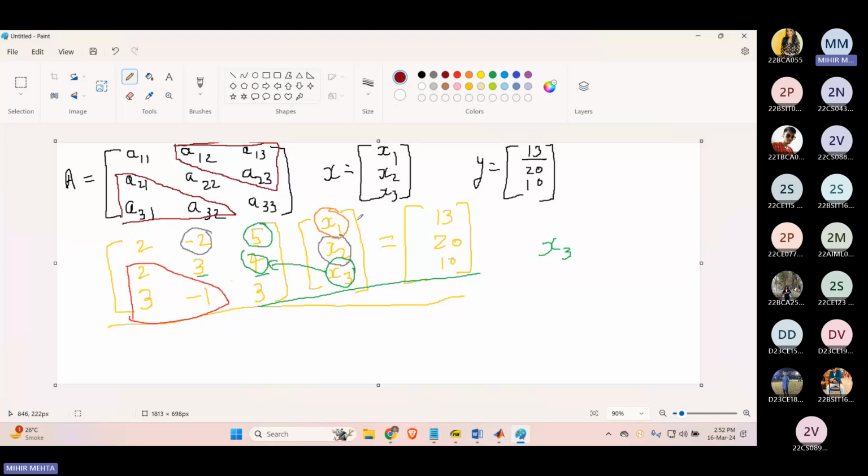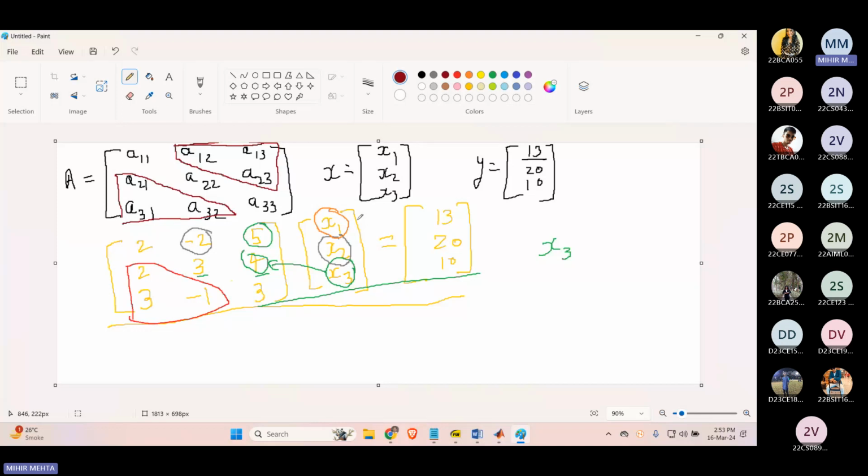Whereas in the Gauss-Jordan elimination method, simply by converting these two triangle values to 0, you get the values of A11, A22 and A33, which would be nothing but the values of my x1, x2 and x3.